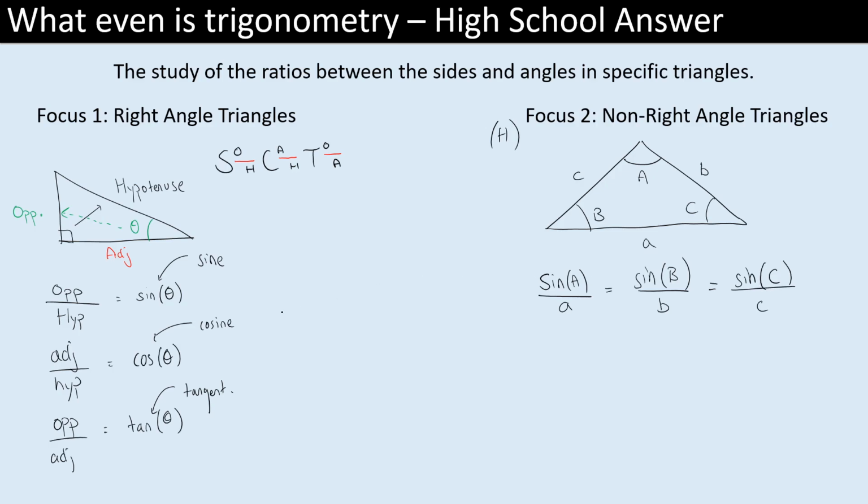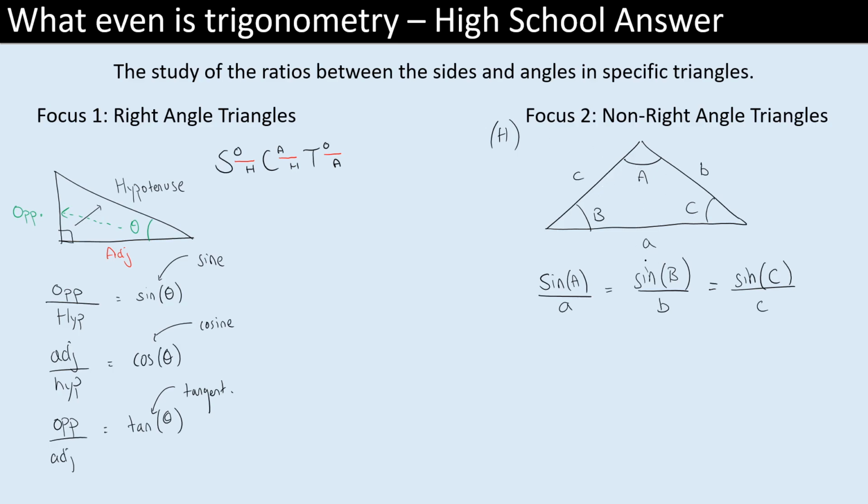Now you can see that the two formulas are really quite different, but what they both do is link the sides of triangles to the angles that we have in them. And they link specific sides with specific angles.